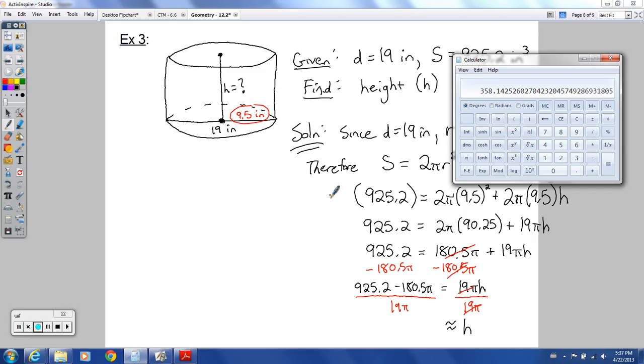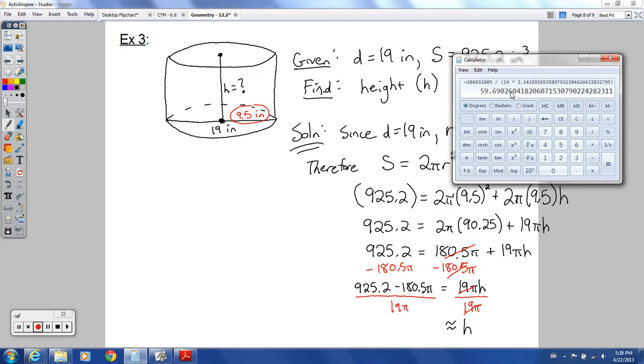I need to divide this by not just 19, but 19 times pi. So I need to put 19 and pi in parentheses, otherwise it's going to divide by 19 and then multiply by pi, instead of multiplying pi times 19 first and then dividing the value by 19 pi. So let's put 19 times pi in parentheses here.